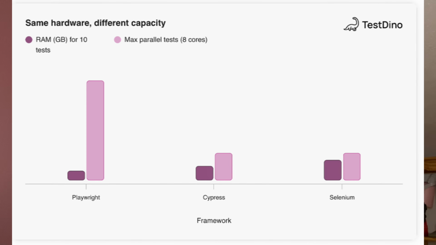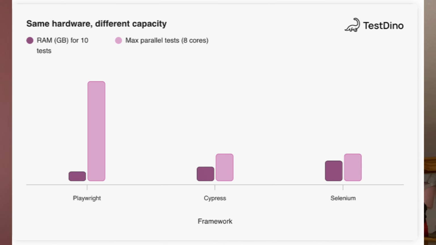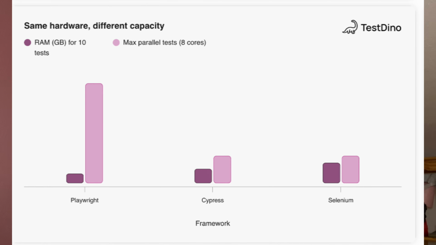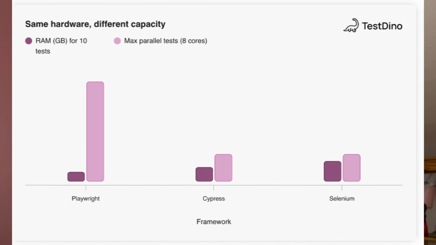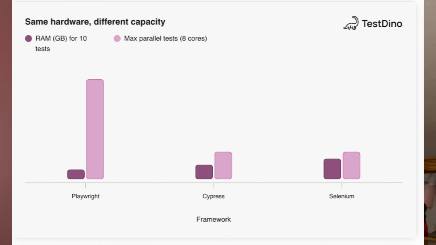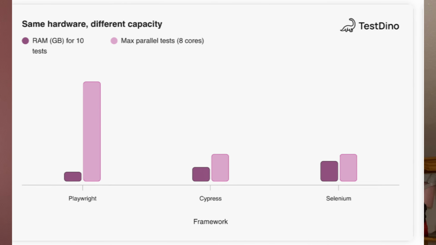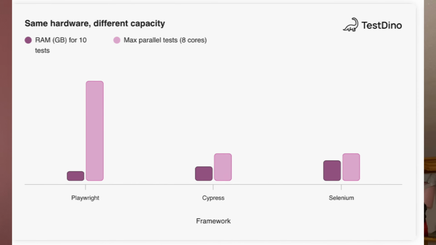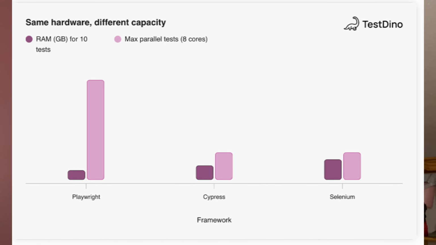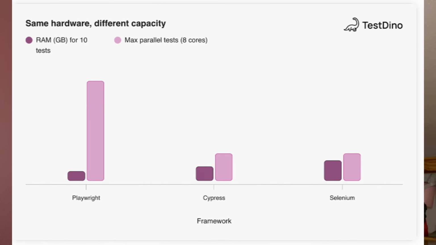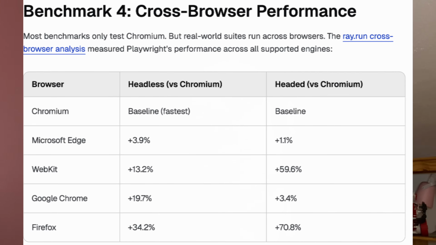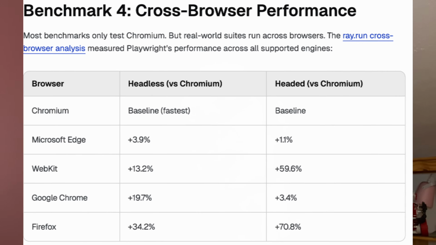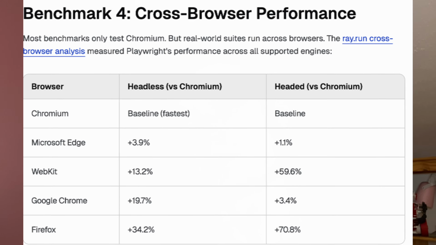Here we can see the difference in RAM consumption and maximum parallel testing. Playwright consumes the least memory and in the meantime has the biggest amount of parallel tests. Cypress is somewhere in the middle, but not far from Selenium, and unfortunately both of them are far away from Playwright. Most benchmarks only test Chromium, but in the real world we would also need Edge, WebKit and Firefox.